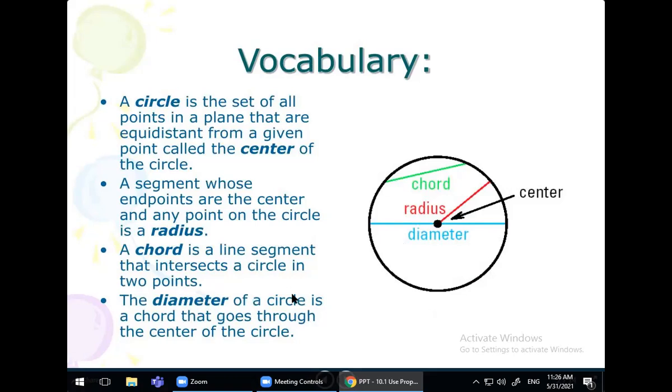And all radii in the circle have the same length. The diameter of a circle is a chord, because we already have two endpoints on the circle, but the diameter is a chord that goes through the center of the circle. So the diameter is a chord, but we have a condition: it must pass through the center of the circle.